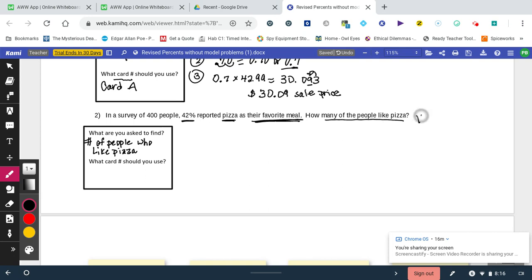So I'm going to make a little note right here. 42% of the 400 people like pizza the most. Okay, so I just need to figure out what 42% of 400 is, and that would tell me how many people like pizza the most.